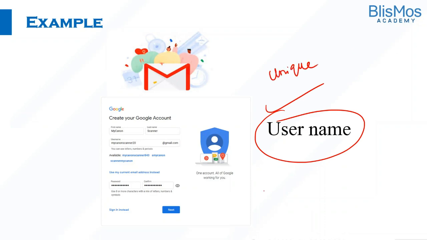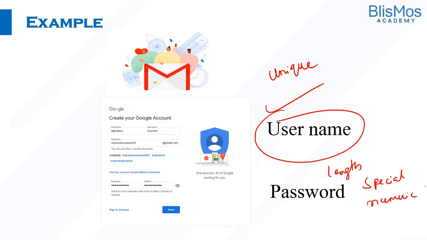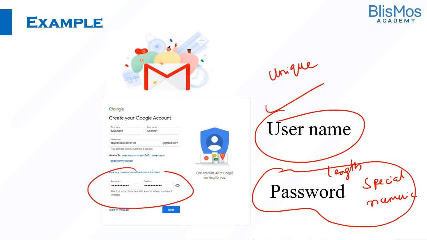And in terms of password, can you give any password? No. We should take care of the length of the password. We should see whether we have special characters or not. And also we need to add one or two numeric values. Like that, you need to provide a password which satisfies the constraints imposed by Gmail.